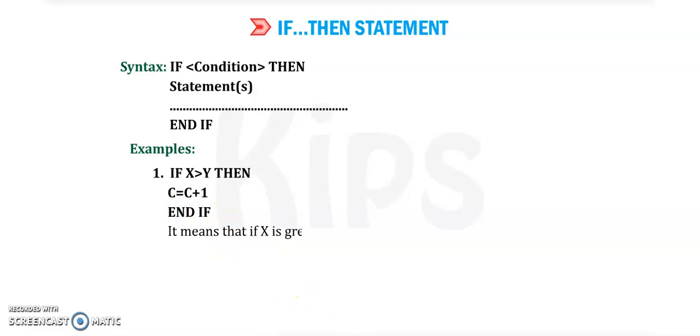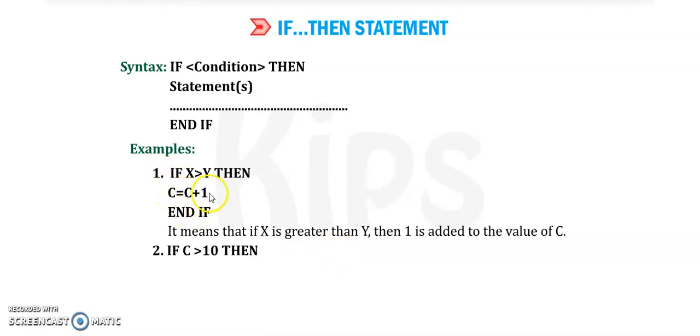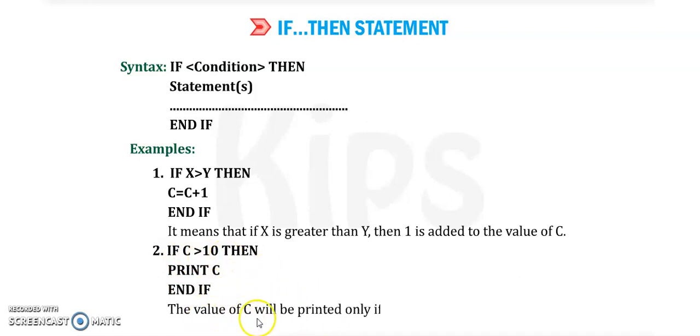It means that if x is greater than y, then 1 is added to the value of c. Then, if c greater than 10, then print c. So the value of c will be printed only if the value of c is greater than 10.